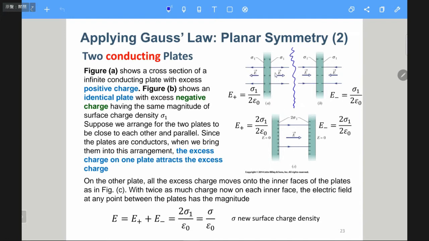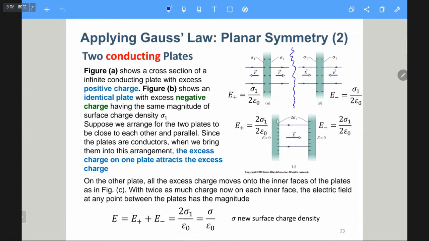So now we place these two charged conducting plates together. In that case, the opposite signs of charge will attract each other, which means all the positive charge will go to the right-hand side of this conductor, and the negative charge will go to the left plane.